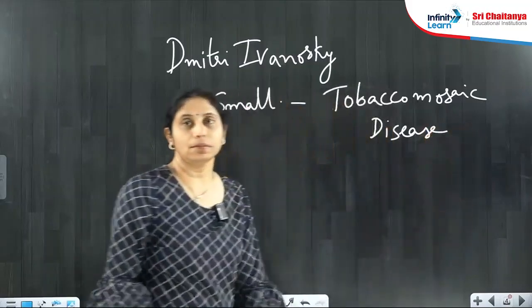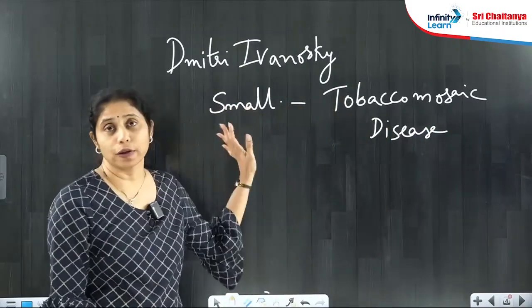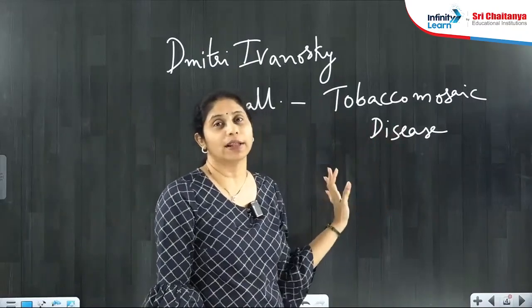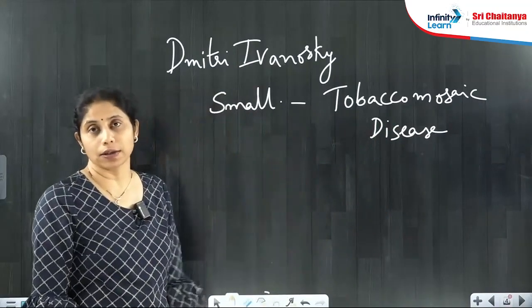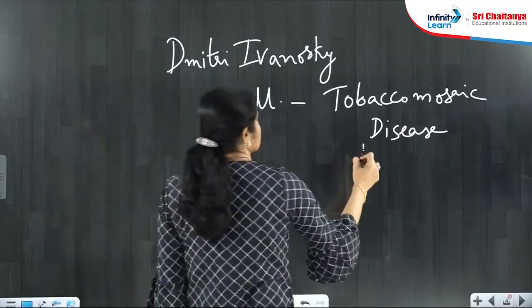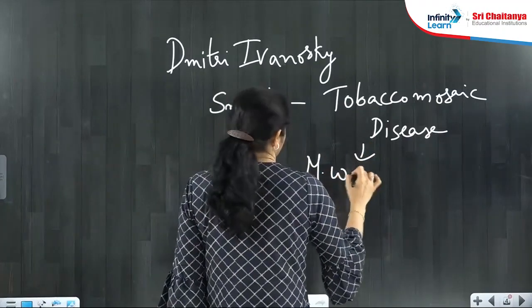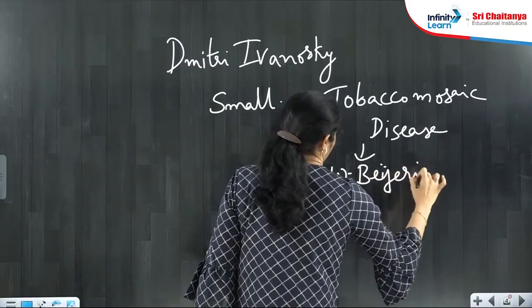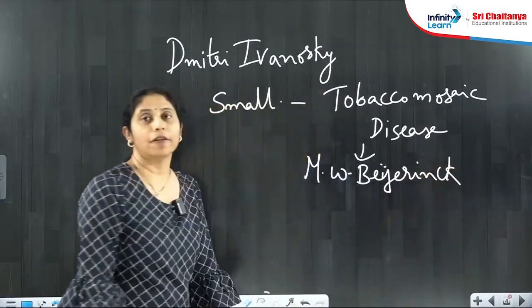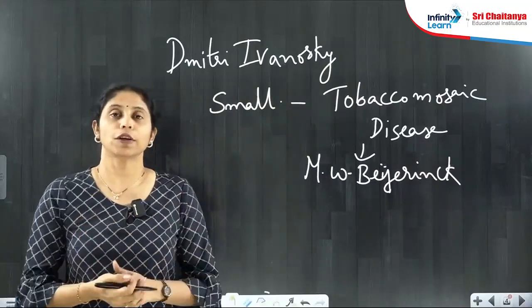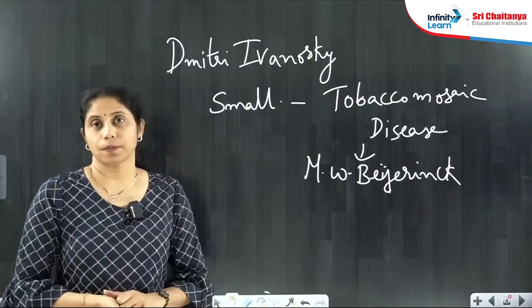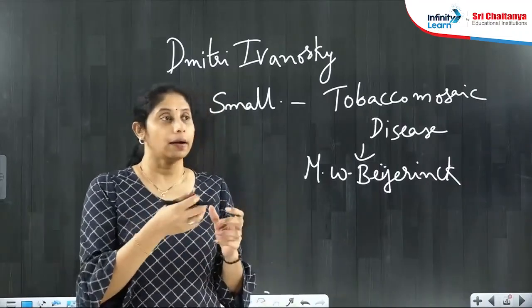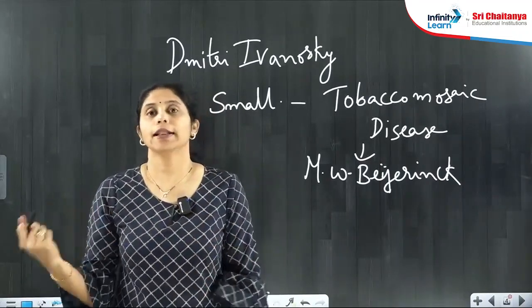First discovered by Ivanovsky, later the scientists came to know that the tobacco mosaic disease is caused by a virus. This identification was done by M.W. Beijerinck. Beijerinck identified that the causative agent of the tobacco mosaic disease is a virus. How he identified: he took the infected plant extract and added it to a healthy plant.